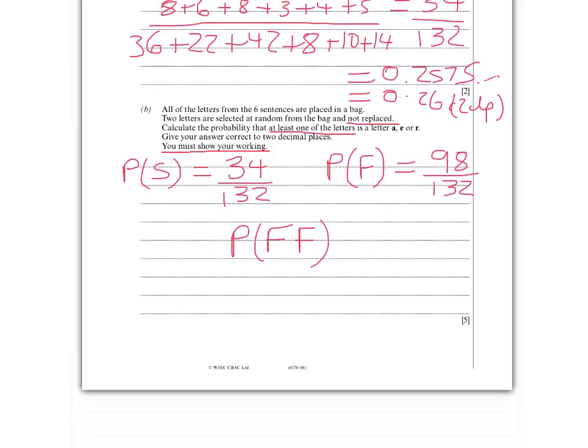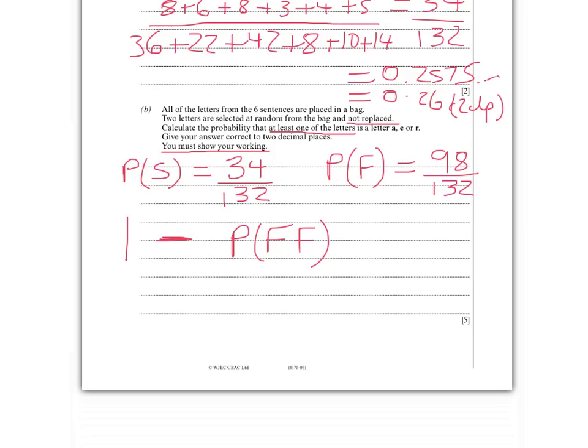So if we worked out that probability and took it away from 1, which is the certainty, we've only got 4 different possibilities, then that would leave us with the probability of at least one of the letters being an A, E or R. So if we do 1 minus the probability of them both not being A, E or R's, then that would also give us our answer.